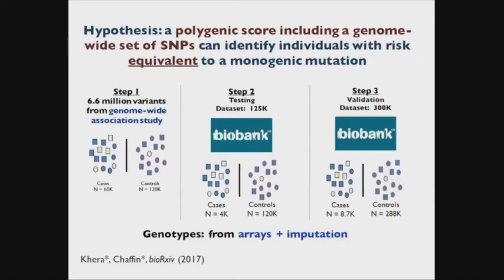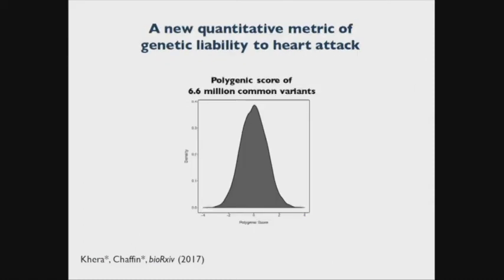It's basically common variants from the genotyping array that's been done in UK Biobank, as well as imputation. So here's the score. It's a beautiful bell curve, basically a new quantitative metric of genetic liability to heart attack, standardized to a mean of 0, standard deviation of 1. So this is the distribution in the validation set.